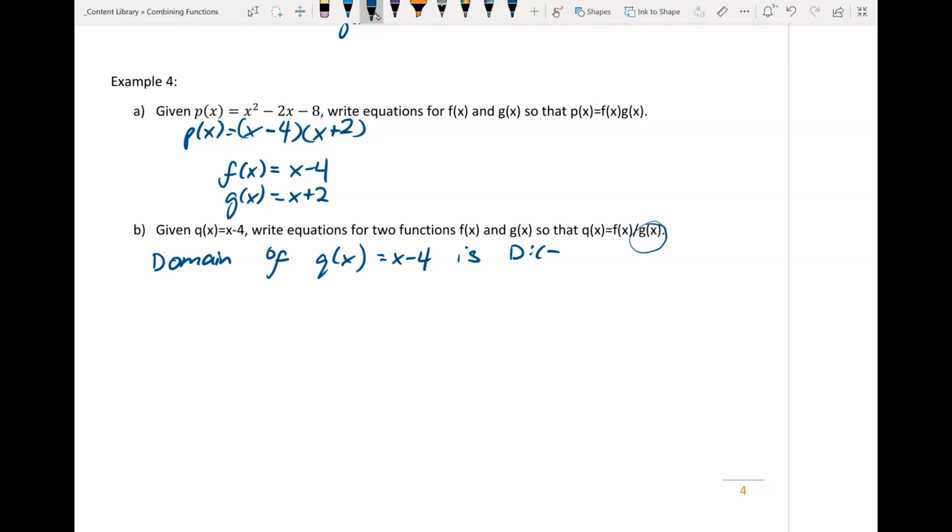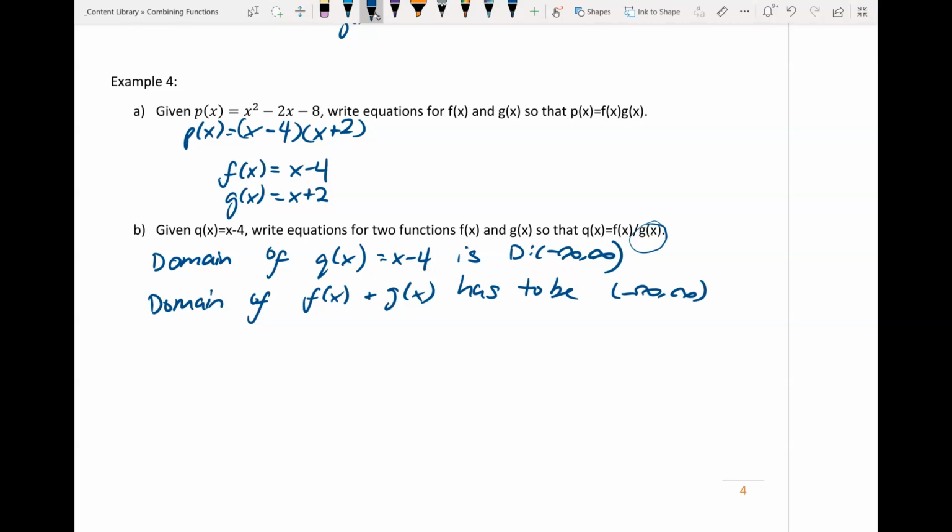is negative infinity to positive infinity, because it's a linear function, which means that the domain of f of x and g of x has to be that as well. And also, your g of x can never be 0, or else we can't divide by it.